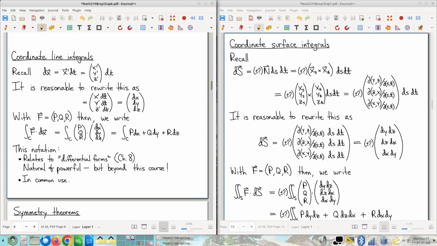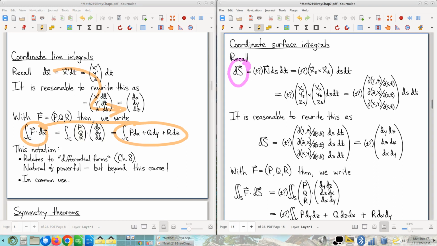And remember, we had this little rewrite of our vector differential that ultimately just gave us this alternative notation for vector line integrals. Well, guess what? The morally same thing happens with surface integrals.